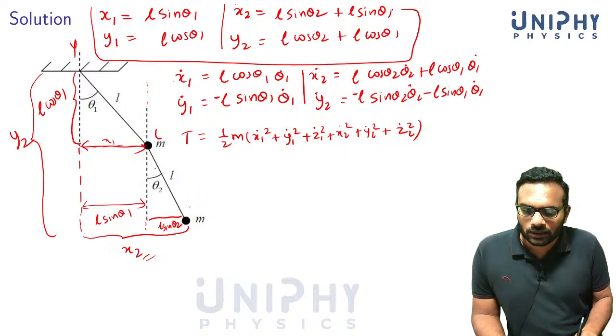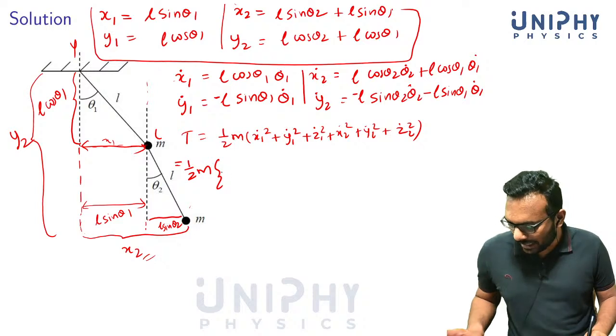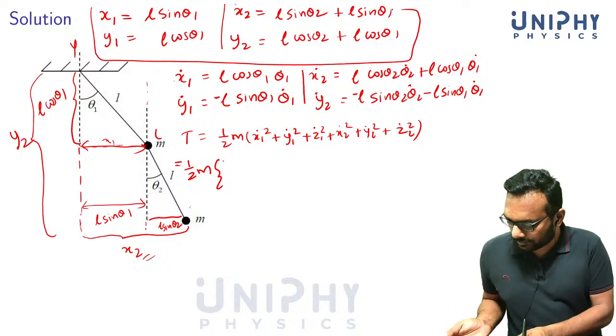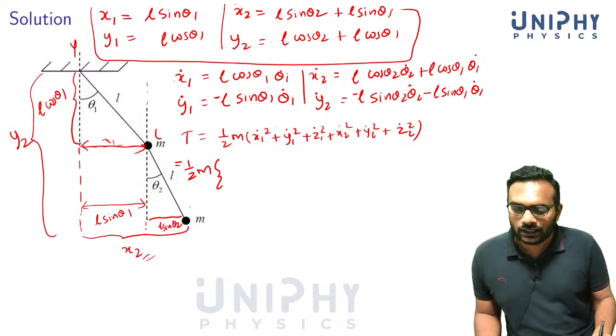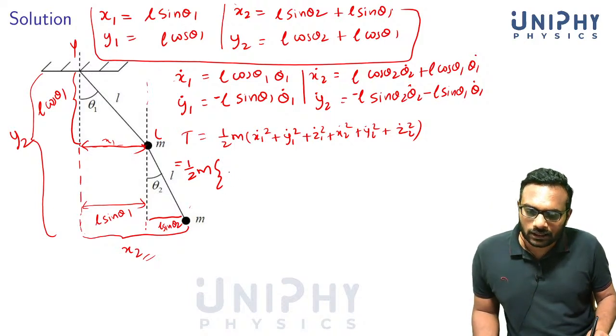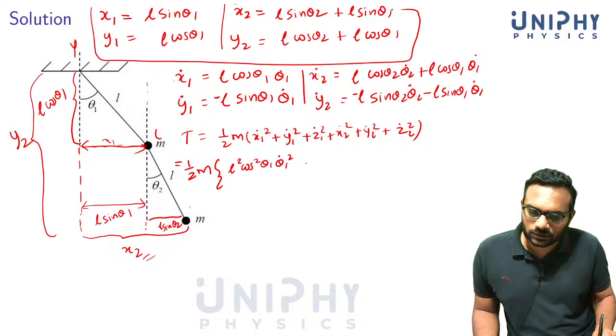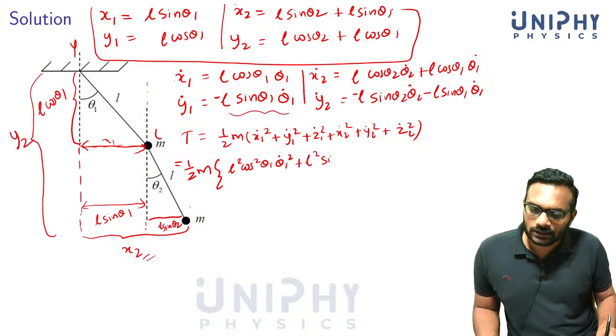So this is equal to half m. You just square these things and add. From here you will have L square cos square theta 1 dot square, and from here it is plus L square sin square theta 1 dot square.